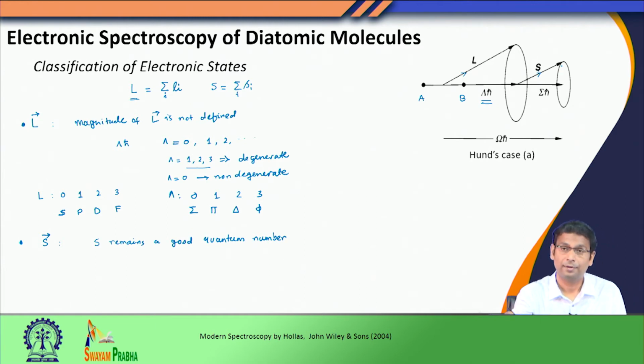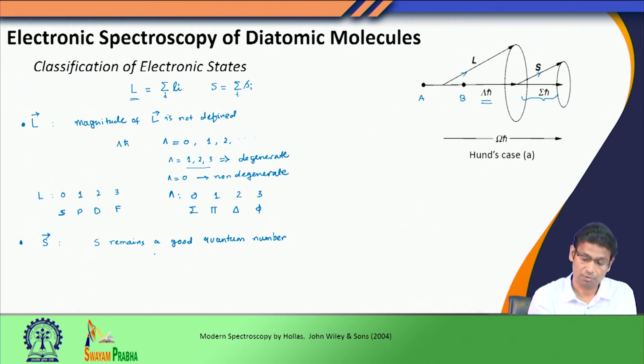But what we are looking at is the projection of spin onto the internuclear axis, which is given as sigma h bar, where sigma goes from minus S to plus S in steps of 1.